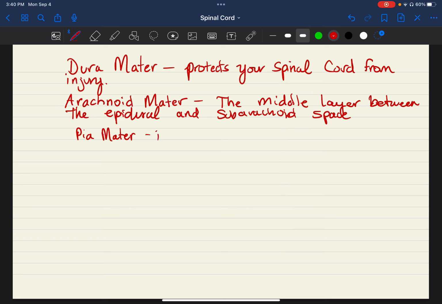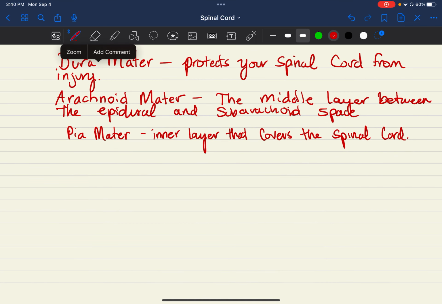So inner layer that covers the spinal cord. Okay. All right. So we have 1, 2, 3.